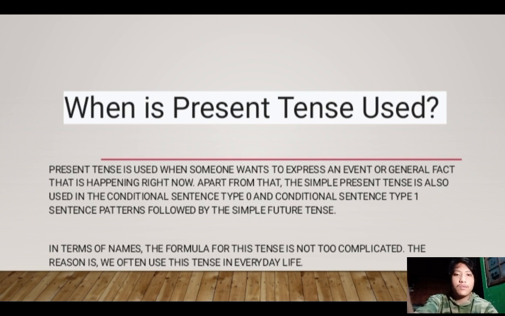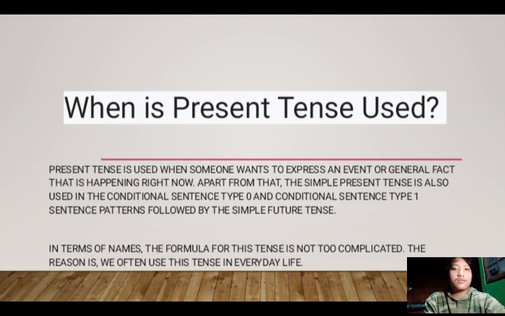Apart from that, the simple present tense is also used in conditional sentence type 0 and conditional sentence type 1, in sentence patterns followed by the simple future tense. In terms of formula, this tense is not too complicated.